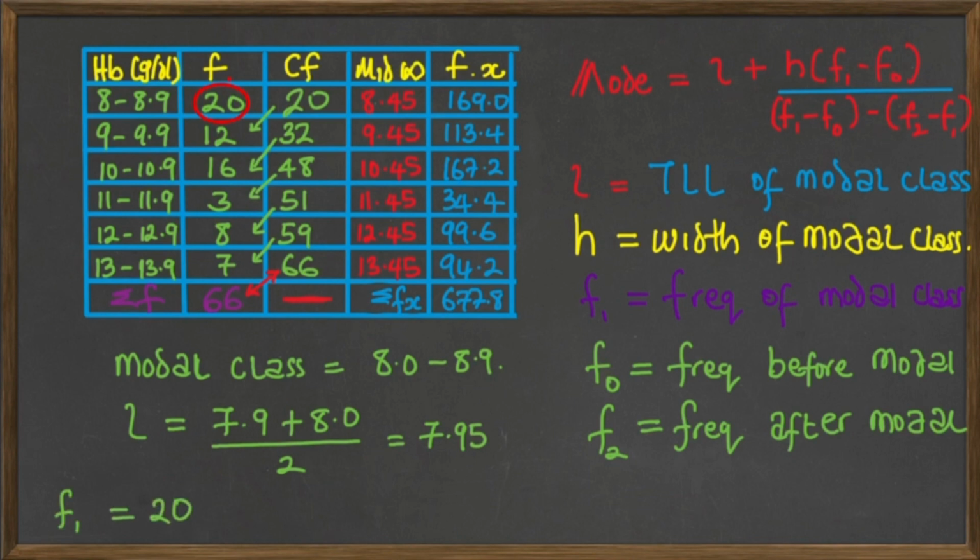Now our F1, being the frequency of the modal class, we can see here as 20. Our F0 is the frequency before the modal class, and we don't have a class before the modal class. So our F0 here is going to be 0, right? It's going to be 0. And then our F2 is the frequency after the modal class, and if we check after the modal class, we have a frequency of 12.